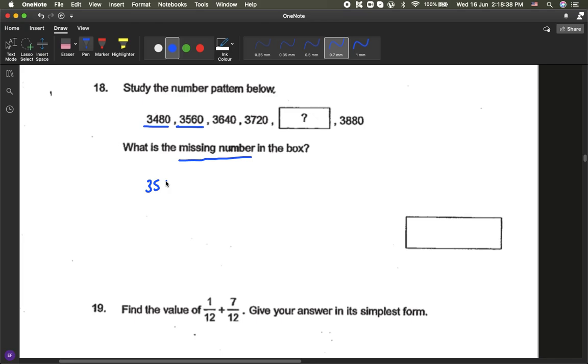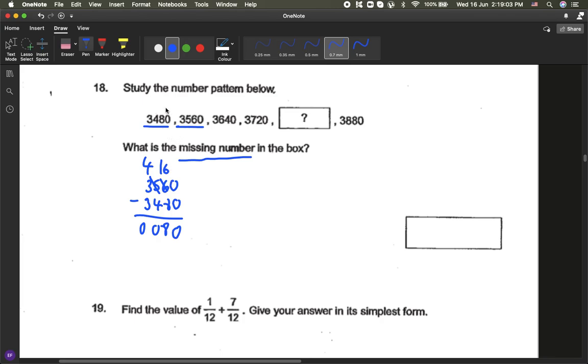I'm just going to do 3560 minus 3480. 0 minus 0 is 0. 16 minus 8 is 8. This becomes 4. 4 minus 4 is 0. 3 minus 3 is 0. So the difference between these two numbers is 80.